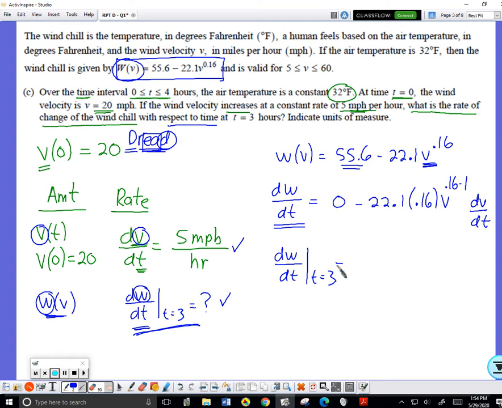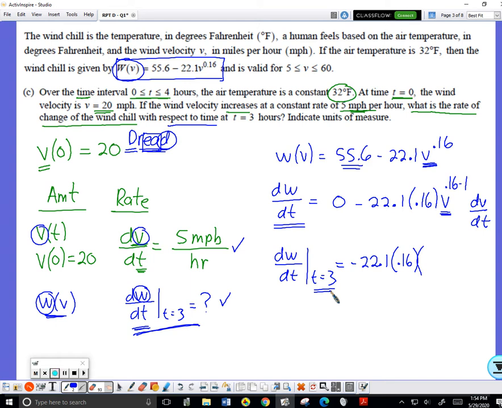So that's going to equal negative 22.1 times 0.16. I need the velocity right here, the velocity at time equal 3. This is where I think I would have gotten stuck on the problem and would have had to move on. Just give up the points because I don't want to get stuck. I want to keep moving.